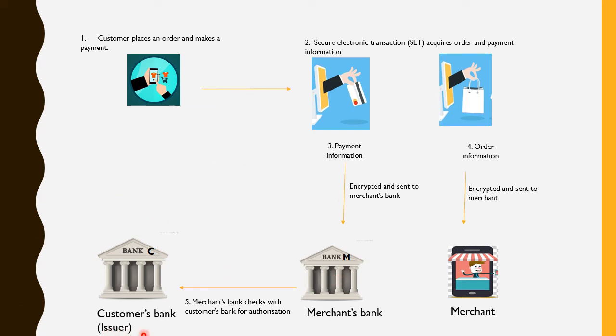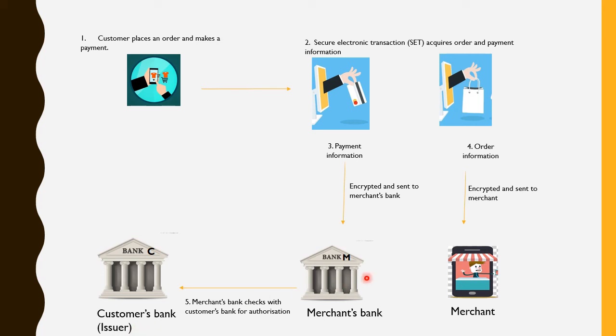This customer's bank is also called the issuer. Why do we call it the issuer? Because the customer's bank is the bank that has issued the credit card to the customer. That is the reason the customer's bank is also called the issuer.